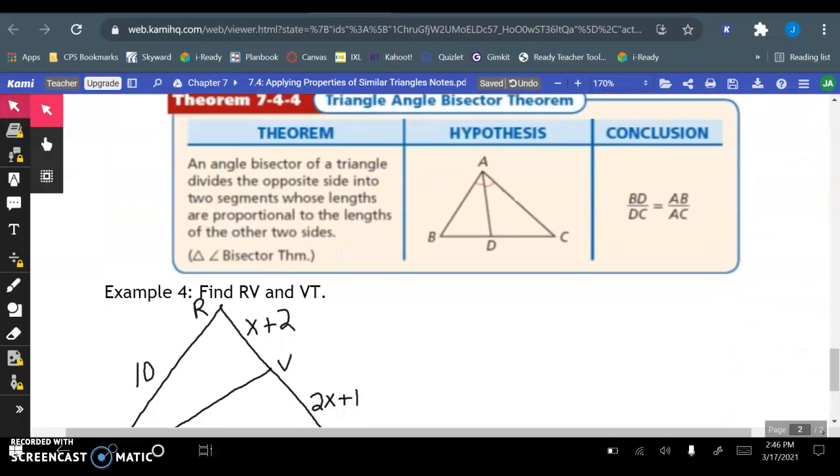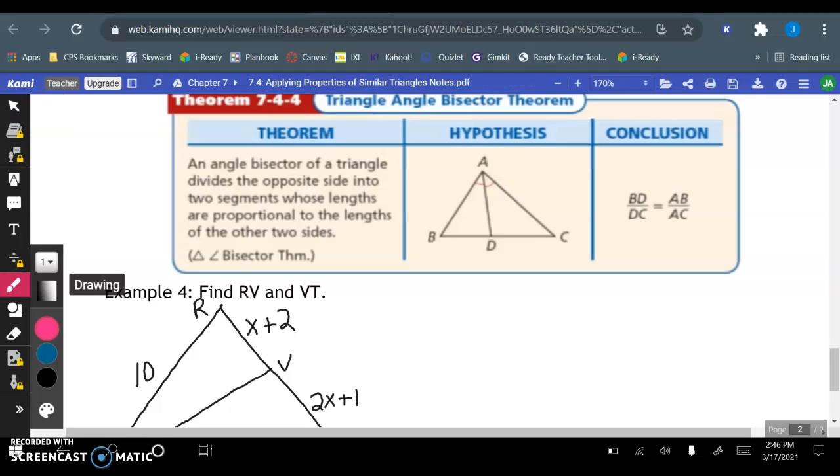And then next we have the triangle angle bisector theorem, and it says an angle bisector of a triangle divides the opposite side into two segments whose lengths are proportional. So if we divide that angle in half, so both sides are the same, then the sides opposite, so in this case, in the picture, BD and DC are going to form a proportion.